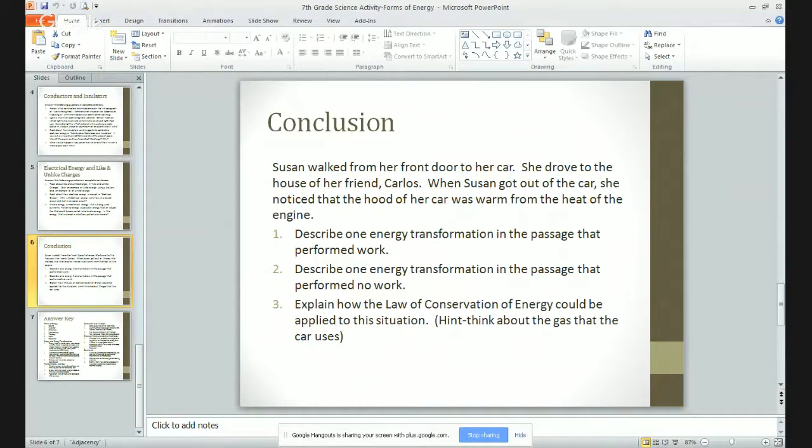But the actual using of the gas to heat up the engine isn't requiring any movement. To get the car to go, there's going to be movement within the engine itself, but from the gas to the engine, there's no actual work done there.